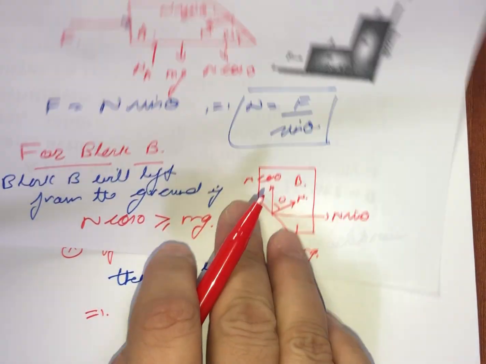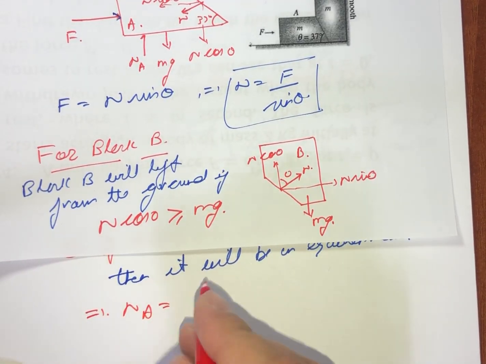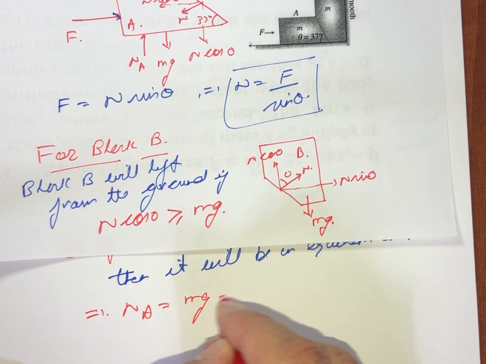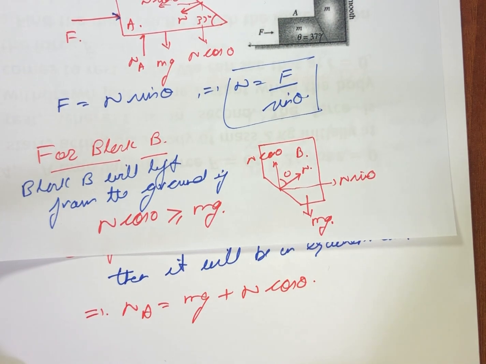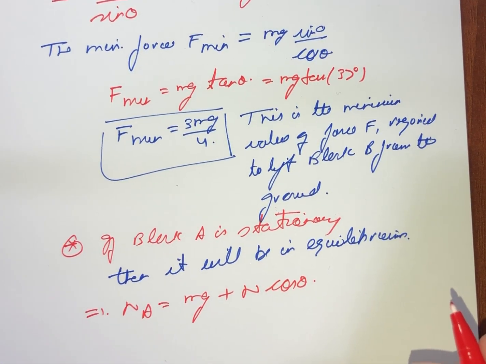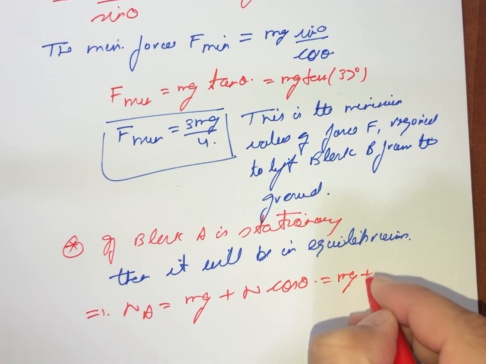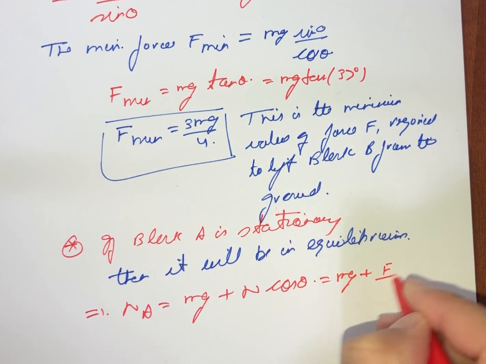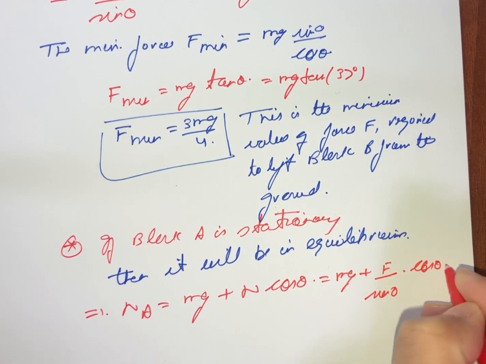So from here we can write that N_A is equal to mg plus N cos theta. And we already know the value of N, you can say mg plus F upon sine theta cos theta.